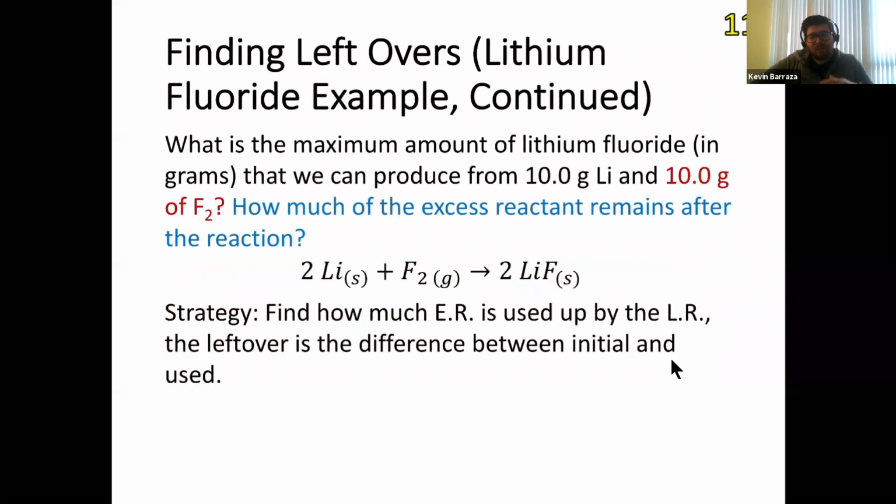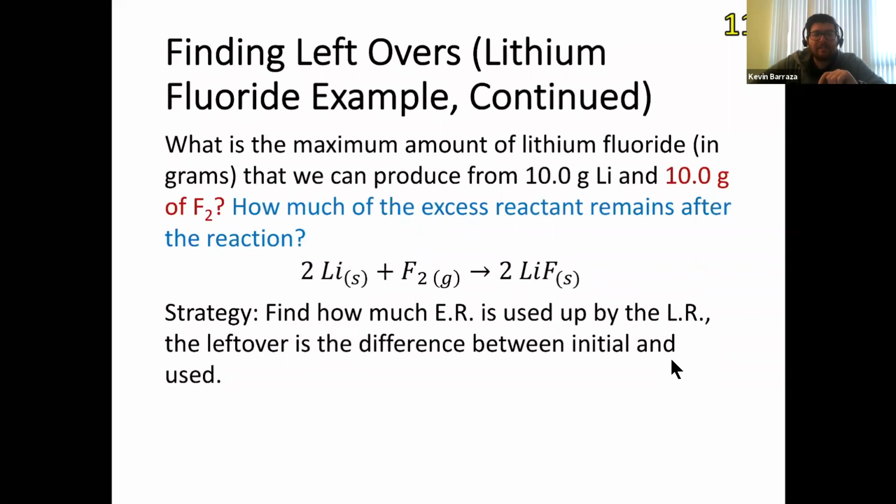So this is just continuing, adding on to get the full version of what you could expect with these problems. Not only are we adding the first part of our question from the warm-up, and the second part that we just finished, now we're adding a third part. This could be the question: What is the maximum amount of lithium fluoride in grams that can be produced from 10 grams of lithium and 10 grams of fluorine?